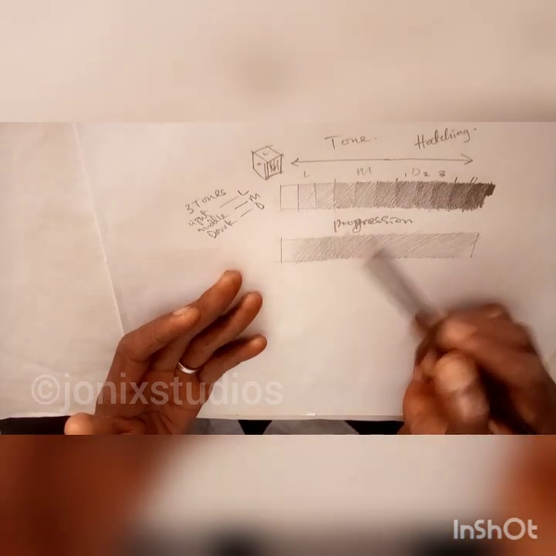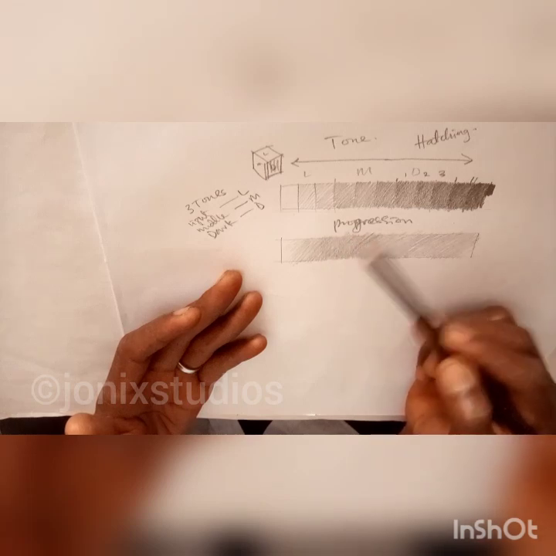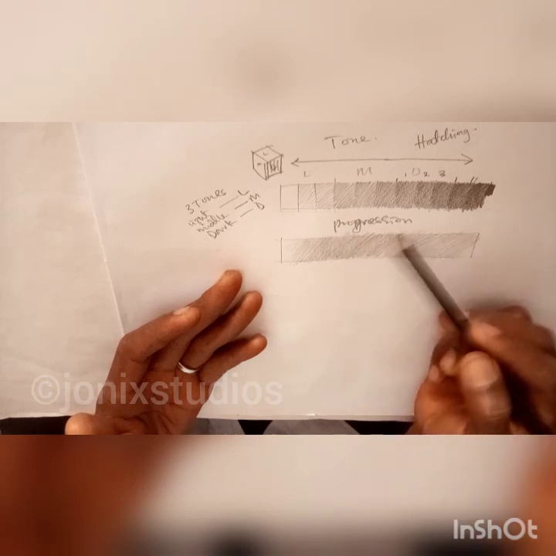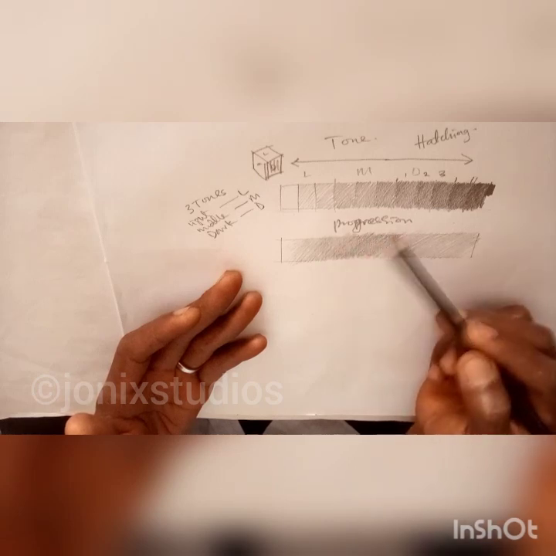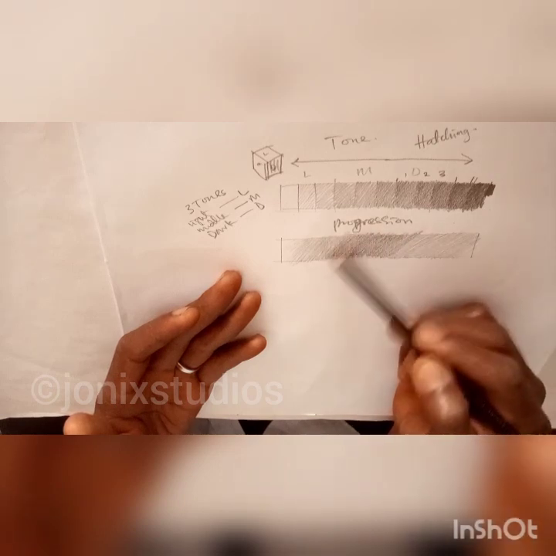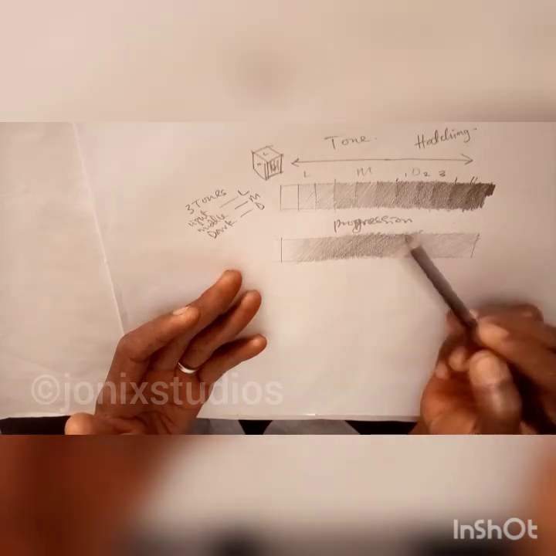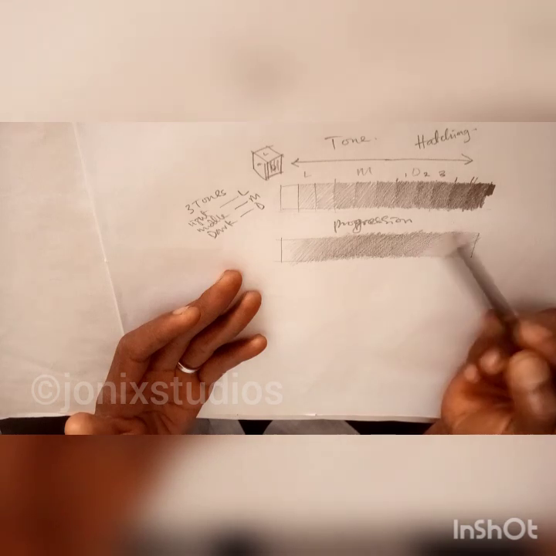So in aim to remove that, I'll be shading it into dark. I'll be going into darker tones as I keep shading. This is very much applicable when you're doing an object that is very much blended.